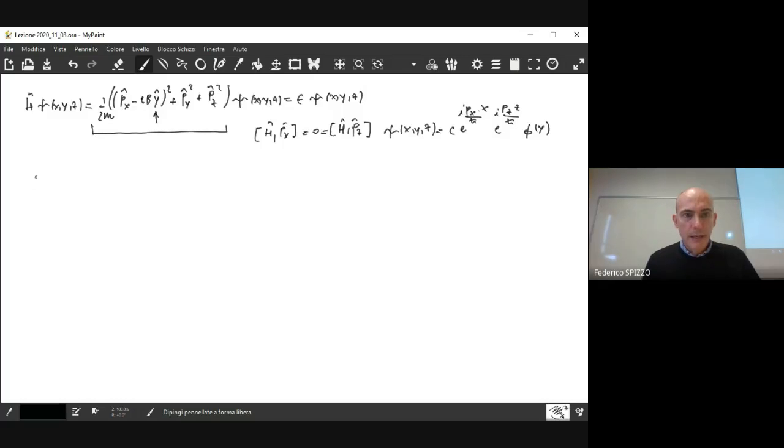So after the application of that, we have 1 divided by 2m. Then I have Px, that is just a value, minus eBy operator.